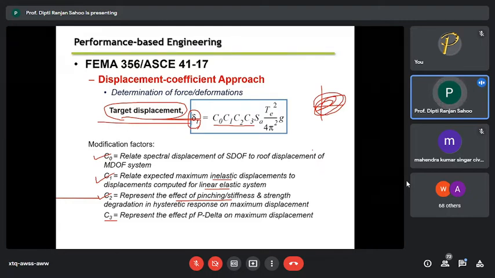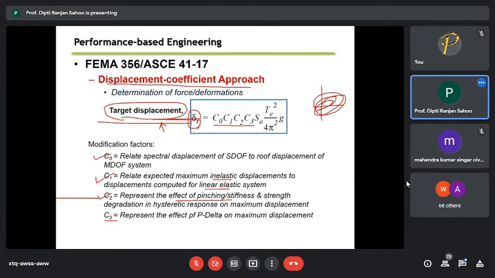So in this method, in performance design, first it comes from the dynamics. If you have a linear system, you calculate the SD and you multiply by C0, C1, C2, C3 to find out a displacement which will be realistic for your multi-degree of freedom system or multi-story building you are dealing with.